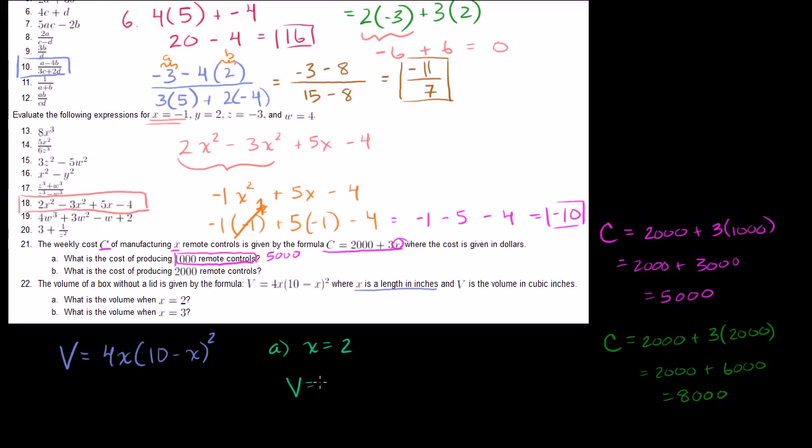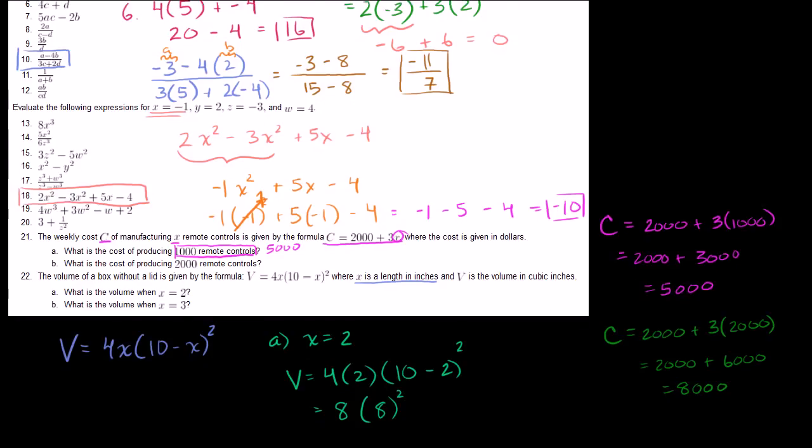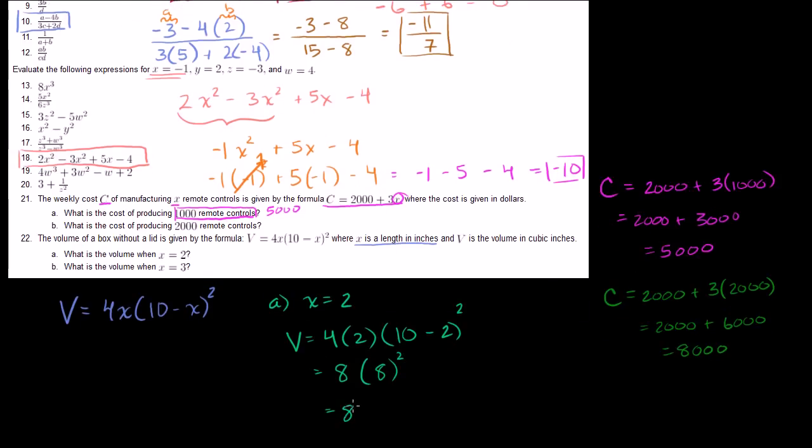So the volume is going to be equal to 4 times 2, times 10 minus 2 squared. And so this is going to be equal to 4 times 2 is 8, times 10 minus 2 is 8 squared. So this is equal to 8 times 64.